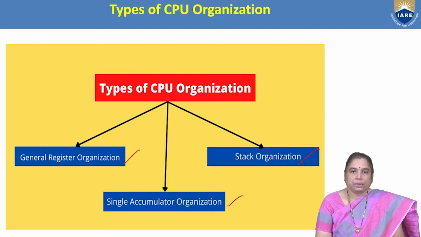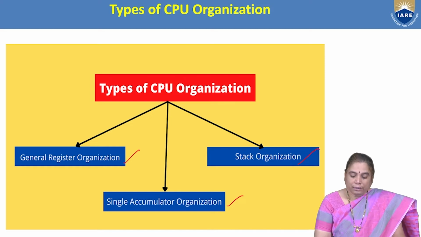General register organization means the operations can be performed with the help of the CPU registers. In the stack organization, the operands can be stored in the stack and popped before applying the actual operation.